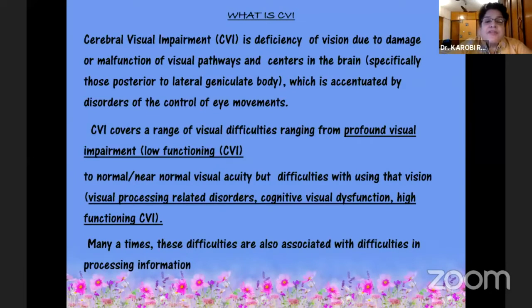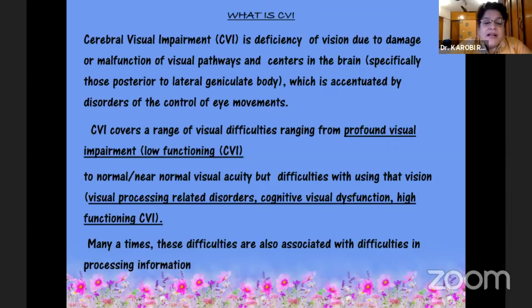CVI is cerebral visual impairment, a deficiency of vision due to damage or malfunction of the visual pathways and the centers in the brain, specifically those posterior to the lateral geniculate body, which is accentuated by disorders of the control of eye movements.